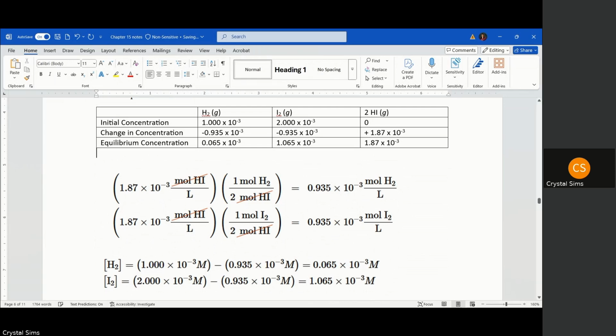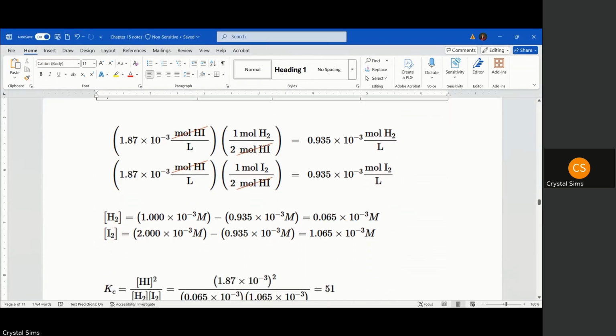So now I will type that into my ICE box. My ICE box is complete. I have my initial concentrations, my change, and now I have all three of my equilibrium concentrations. Now I can actually set up my expression and solve for Kc.